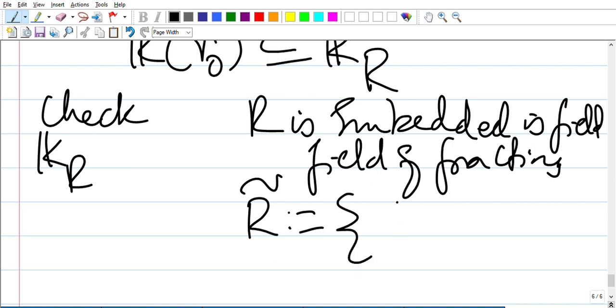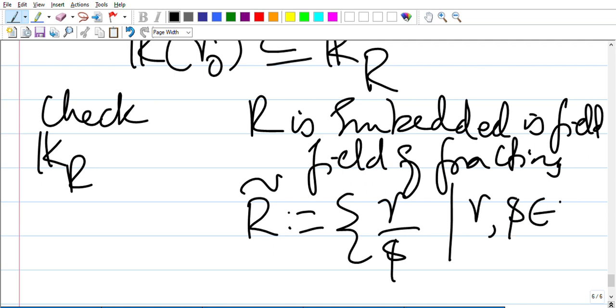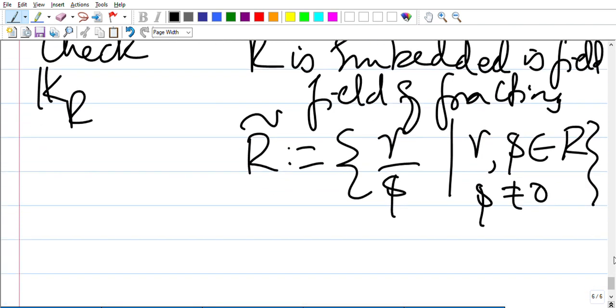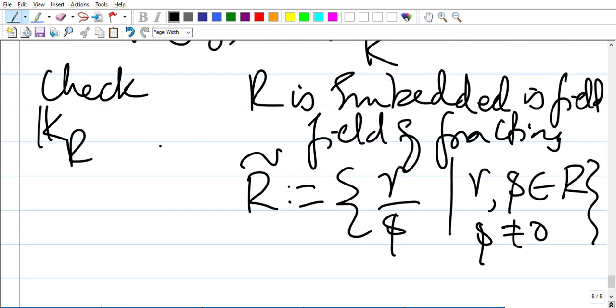They are of the form r by s, where r and s are elements of R, and s is non-zero. It is not difficult to check that K_R is actually isomorphic as a field to R tilde.